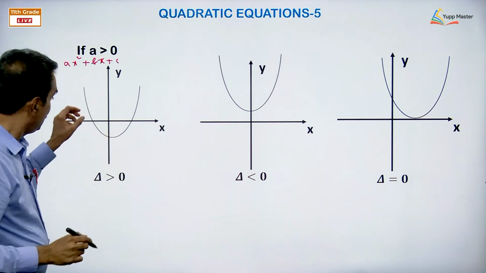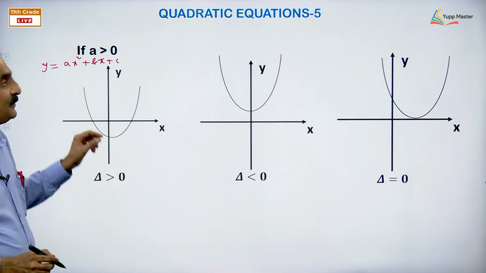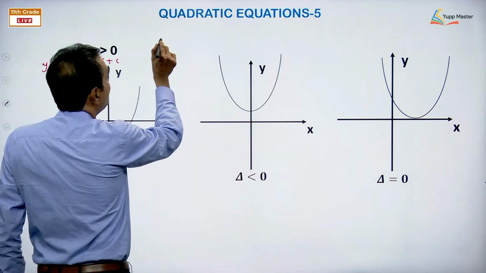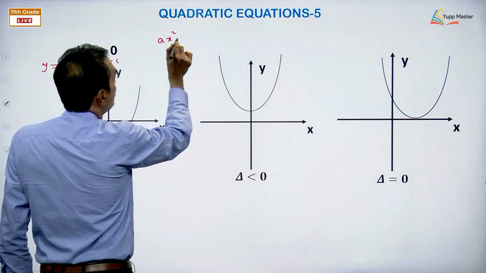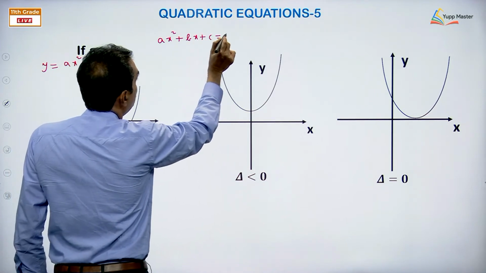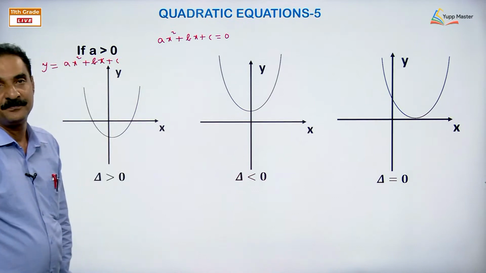If delta is greater than 0, then the quadratic equation ax square plus bx plus c is equal to 0 will have two distinct real roots.